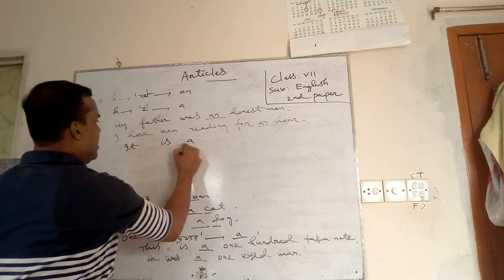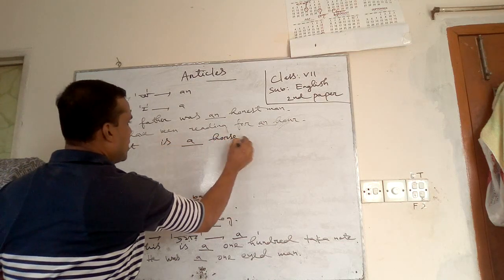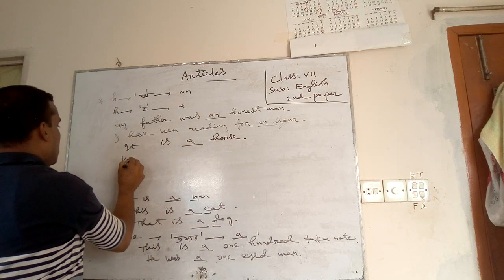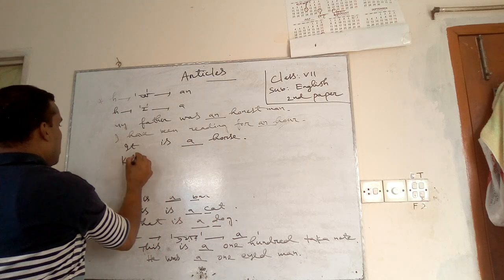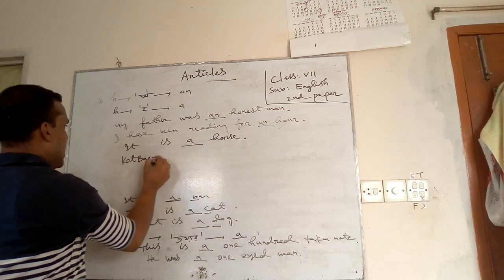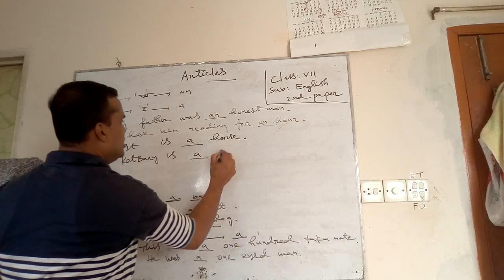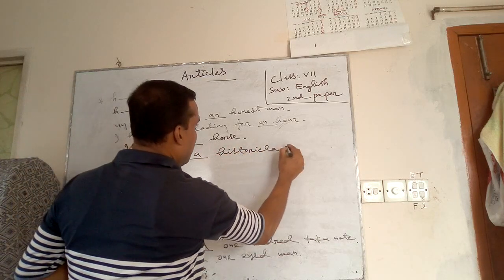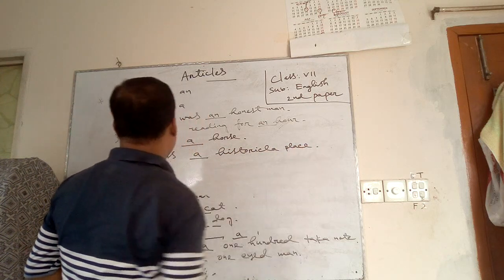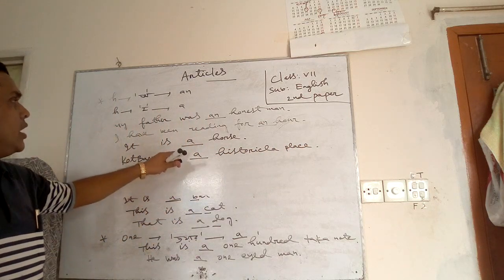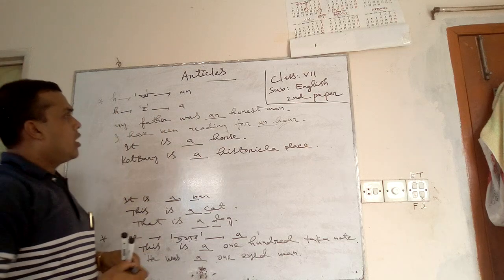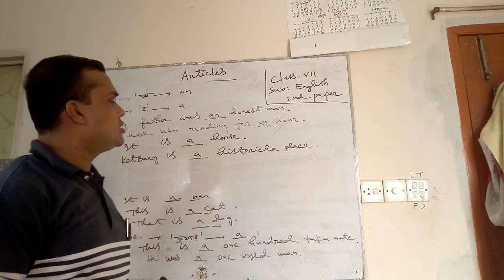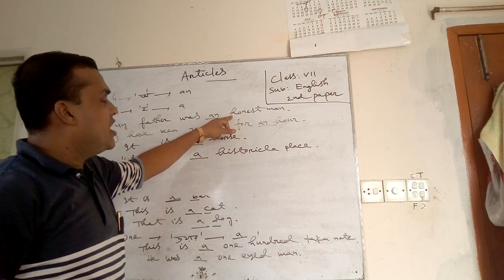It is a horse. Coatbury is a historical place. The pronunciation of honest starts with the o sound.